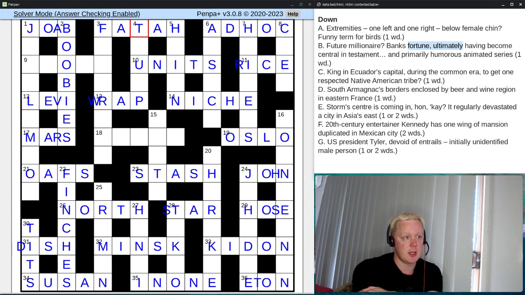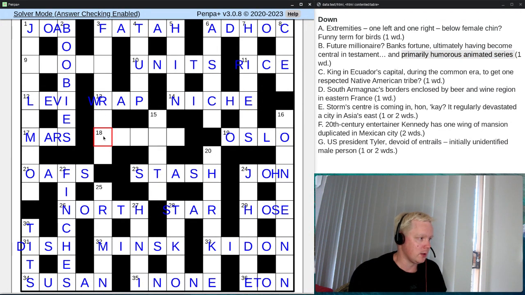A central in Testament is the central letter of the word Testament, which is A. If we take future me, which was this part, and replace the E's with A's, we get Futurama, and this is part of the definition as well. Primarily humorous animated series, all of that is the definition for Futurama. So that seems to fit here, which would give some letters for these acrosses that we need. And yeah, that is the only place where Futurama fits.